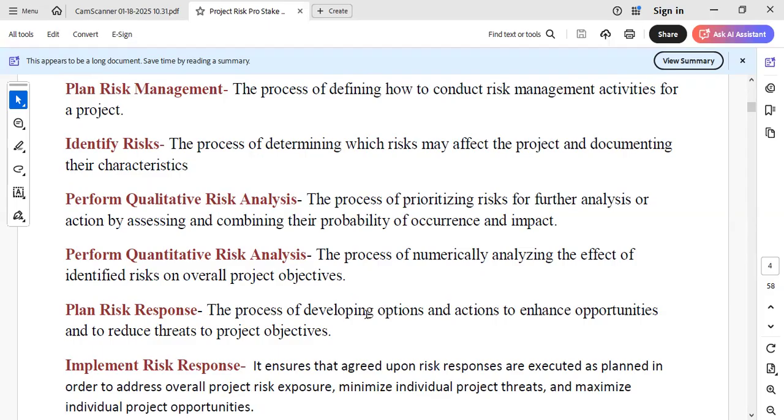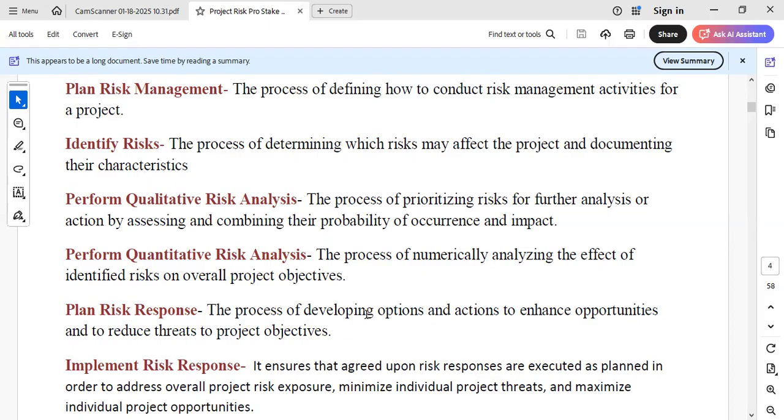Then number two is to perform the qualitative risk analysis. In this area, we want to prioritize the identified risk for further analysis by assessing them. When we assess them qualitatively, we want to combine their probability, that is their possibility of occurring, with the impact, if they may occur.